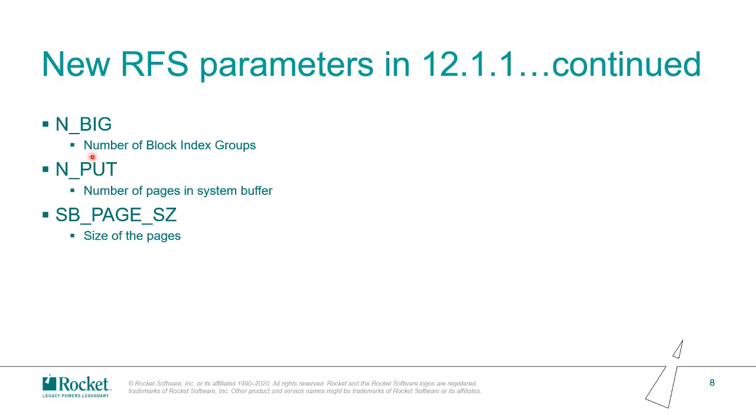The second one is the total number of pages in the system buffer. The third one is the page size of the system buffer page. It can be either 1K, 2K, 4K, 8K, and so forth.